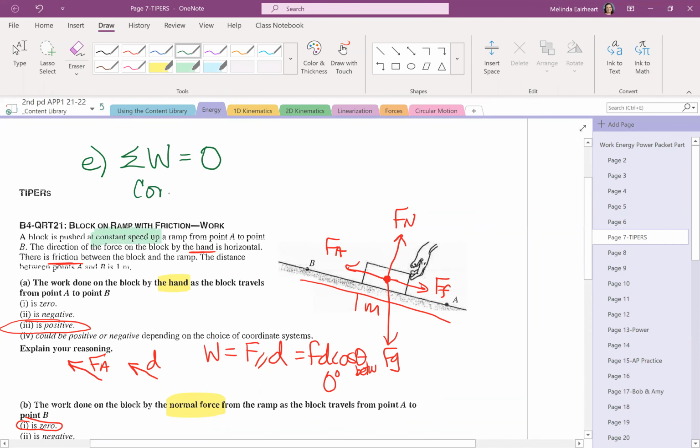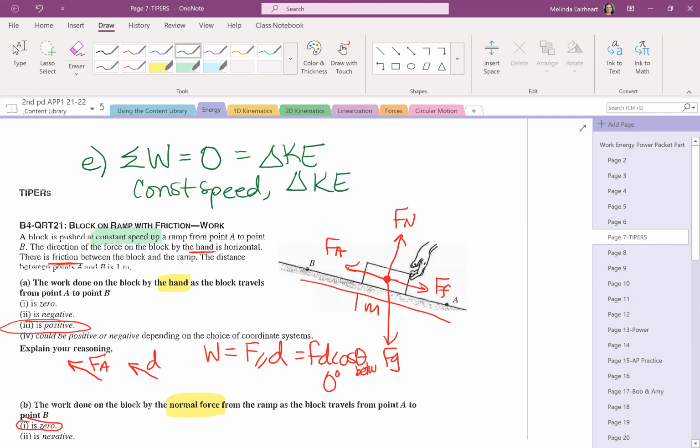And so if it has a constant speed, then tell me about the change in kinetic energy using the work energy theorem. Net work is equal to your change in kinetic energy. Your change in kinetic energy would be 0, right? That final minus initial, 1/2 mv squared minus the exact same 1/2 mv squared, there is no change. And so you'd have no net work.